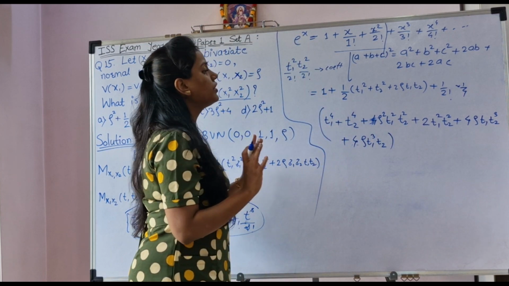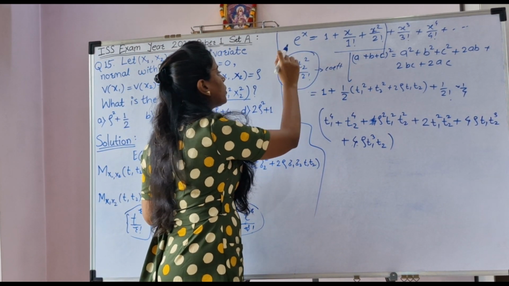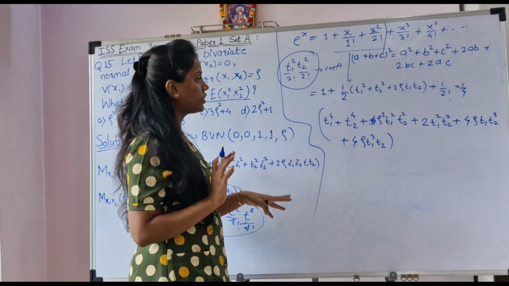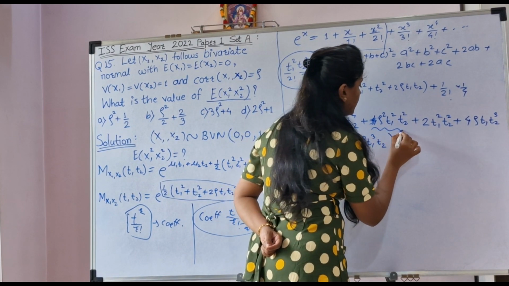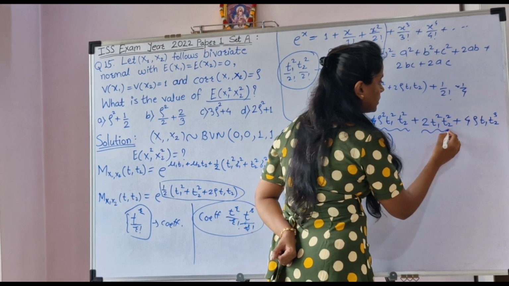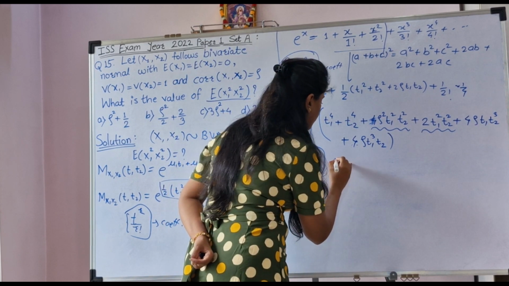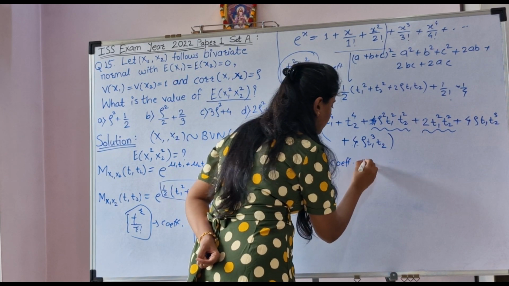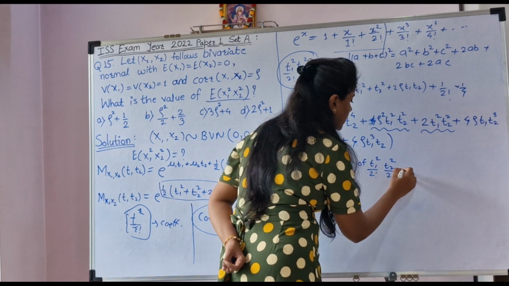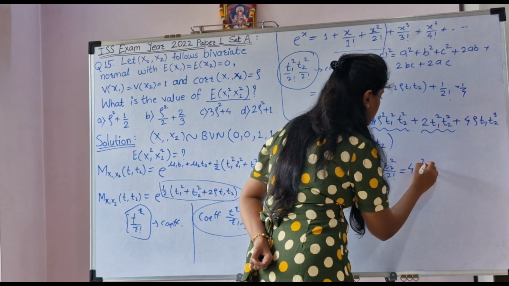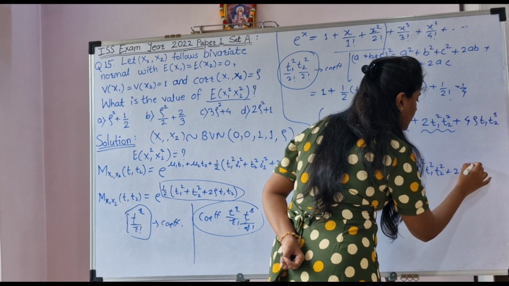So now we have expanded. Here we want the coefficient of t1 square upon 2 factorial, t2 square upon 2 factorial. Let's check where we get t1 square and t2 square. We get t1 square t2 square here and here, right? So let's write it together. The terms are 4 rho square t1 square t2 square plus 2 t1 square t2 square.